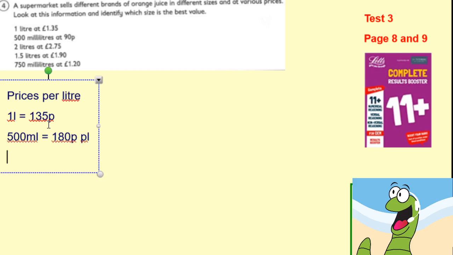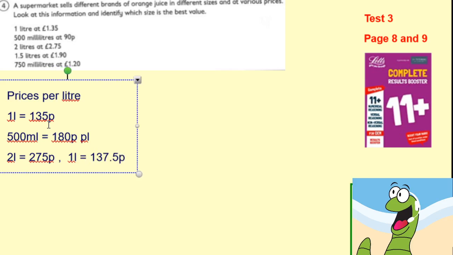The next one is 2 litres at £2.75. So if 2 litres equals £2.75 or 275 pence, 1 litre at this price would equal half of that, and that would be 137.5 pence per litre.